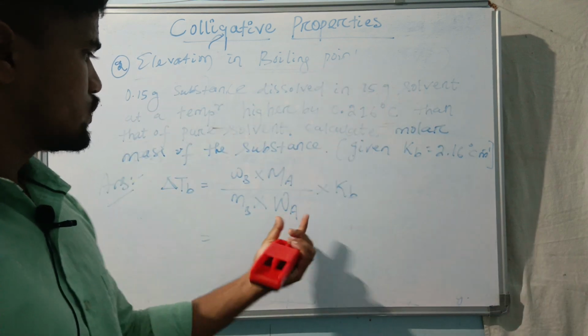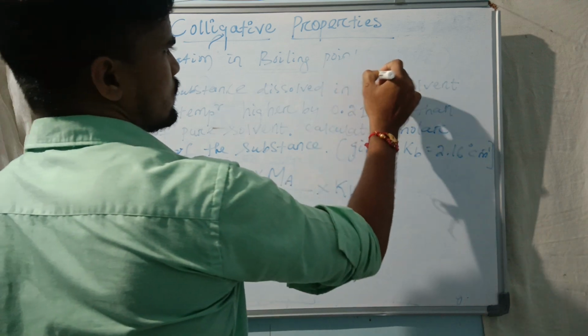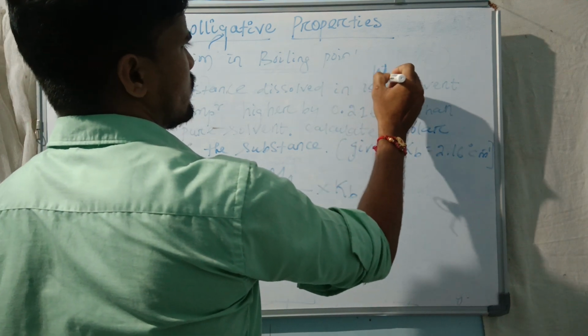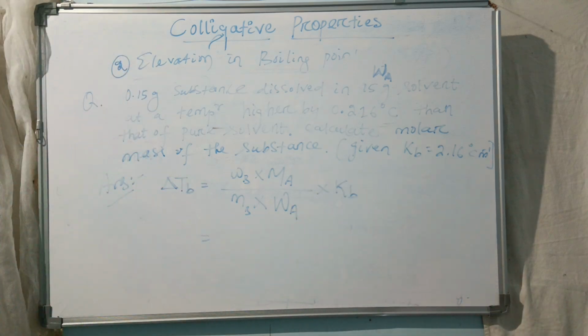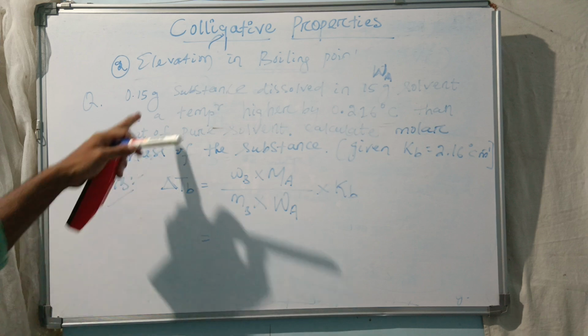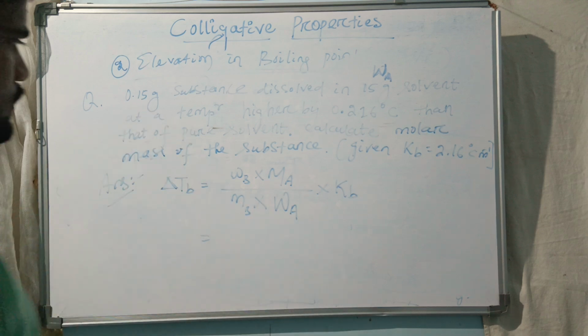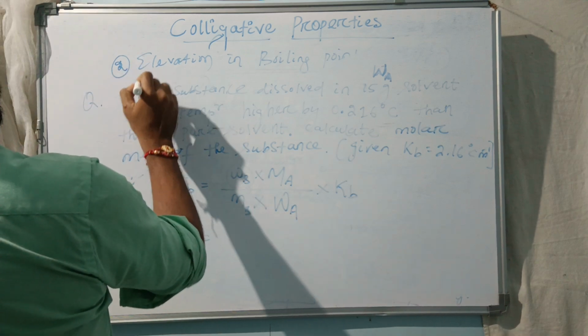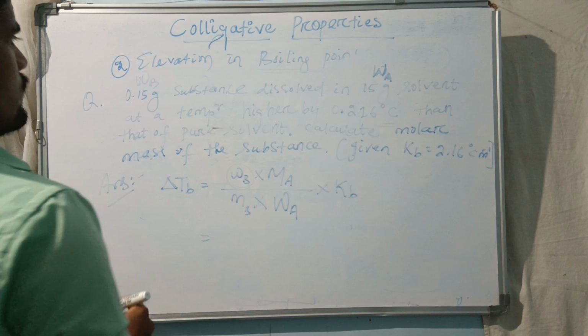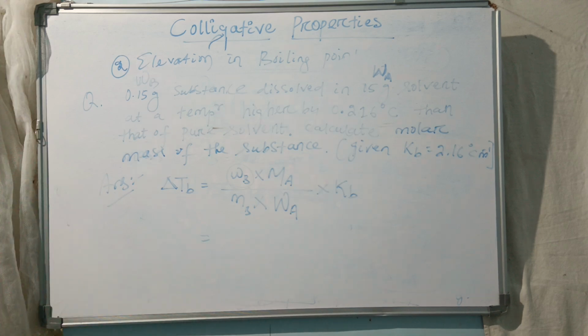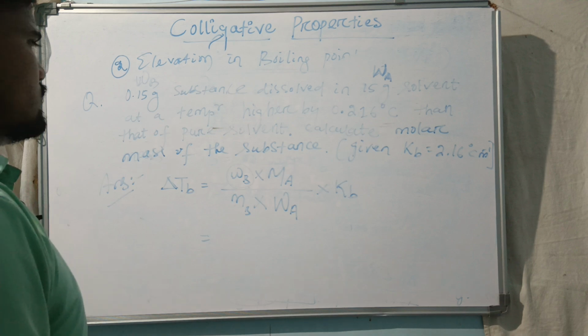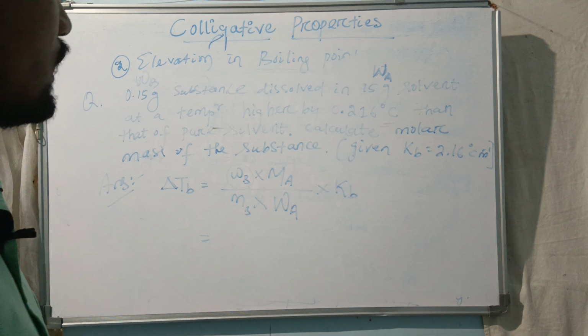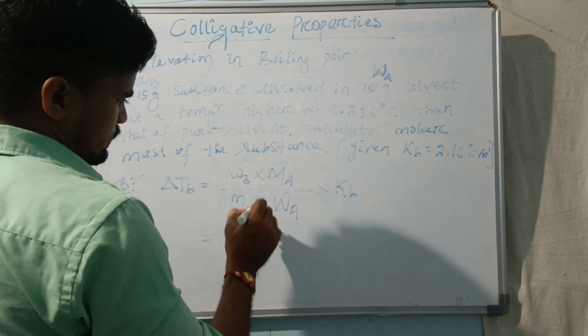This is the solvent, WA, and 0.15 gram is the mass of the solute, WB. At a temperature higher by 0.216 degrees Celsius than that of the pure solvent. Calculate the molar mass of the substance. So it is asking this, right?